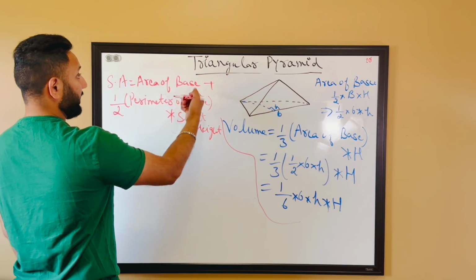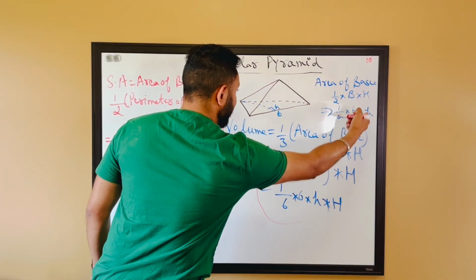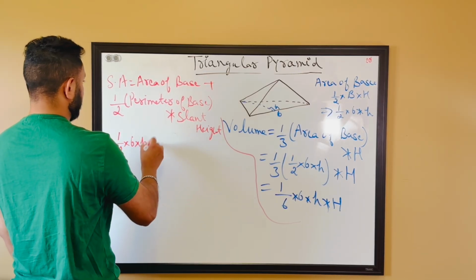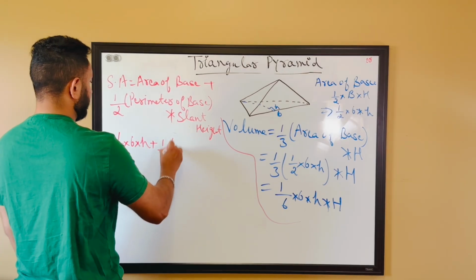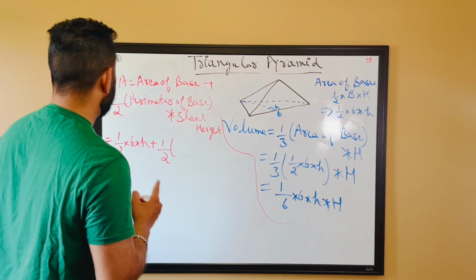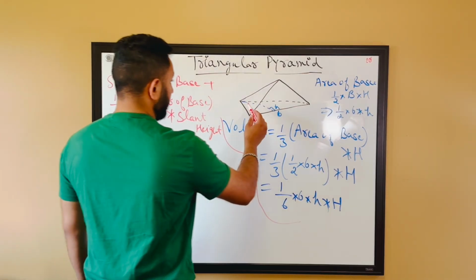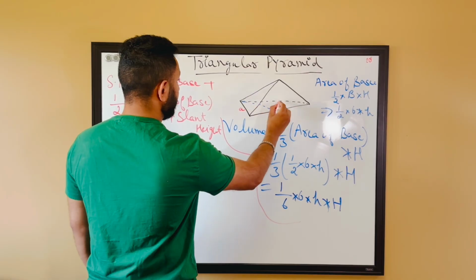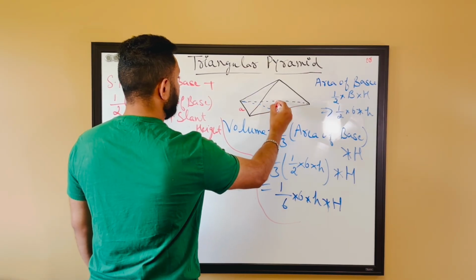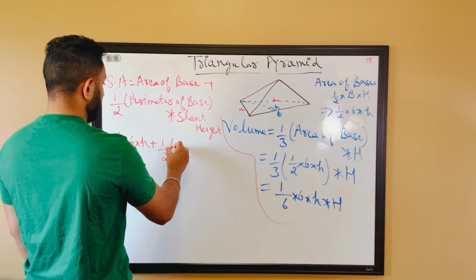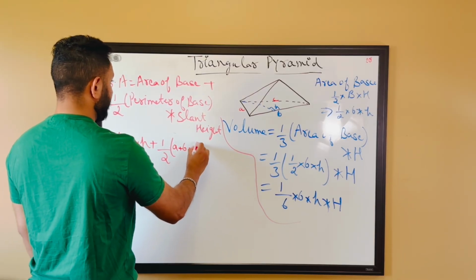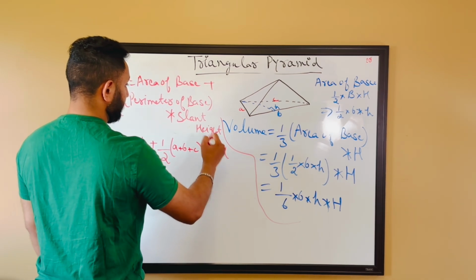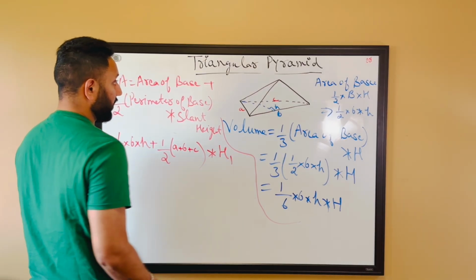The area of the base is half small b into small h, plus perimeter of the base, which is the sum of the dimensions of the base. Let's suppose this as a and this is small b and this is c. So a plus b plus c into slant height. Let's suppose the slant height as h1.